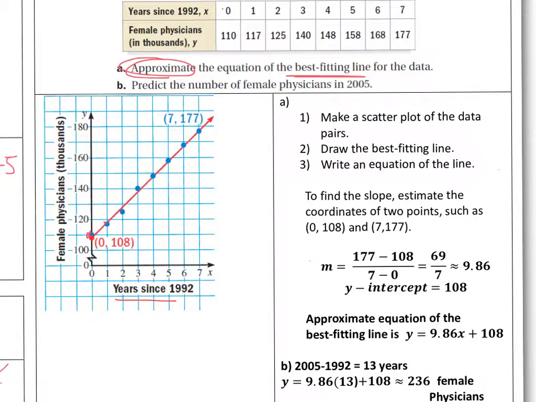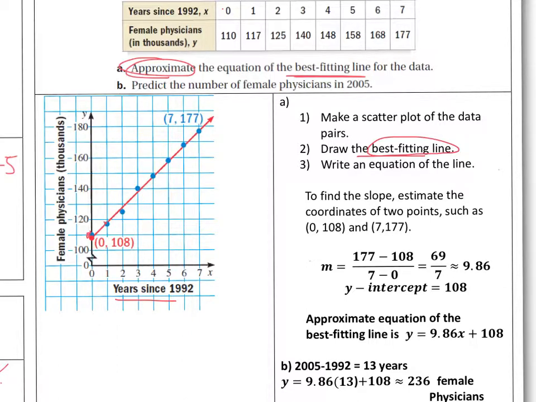So okay, you need to decide the increments. It's okay if the x-axis and the y-axis have different increments. After you graph all the points, you need to draw the best fitting line through the points. It doesn't have to pass through every single point, okay?